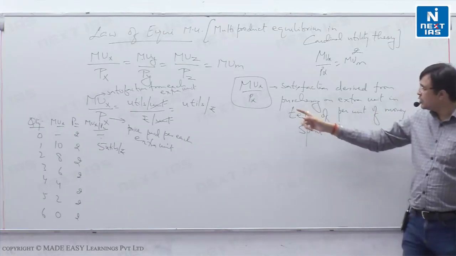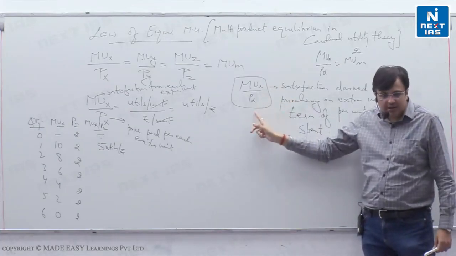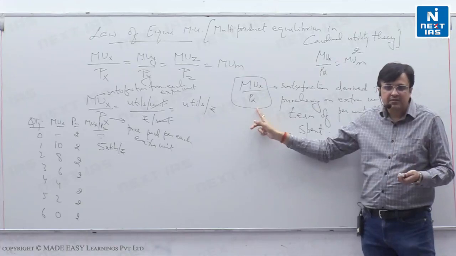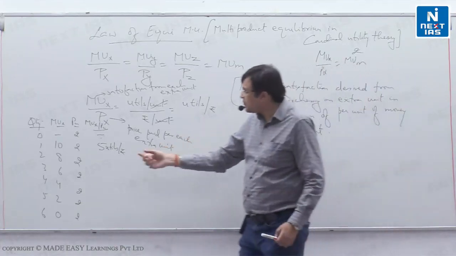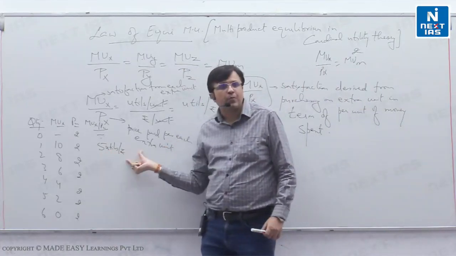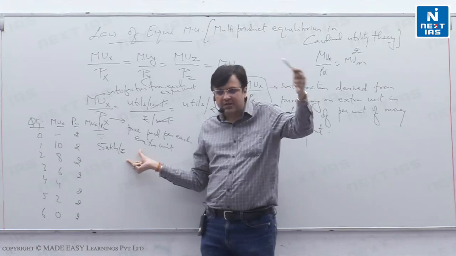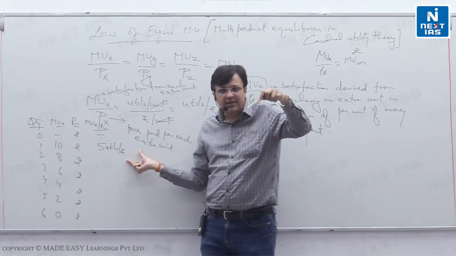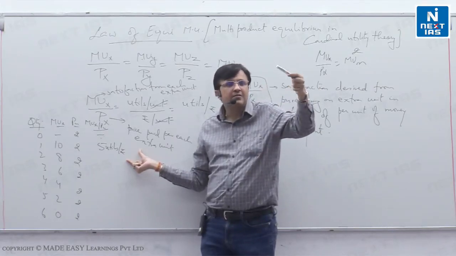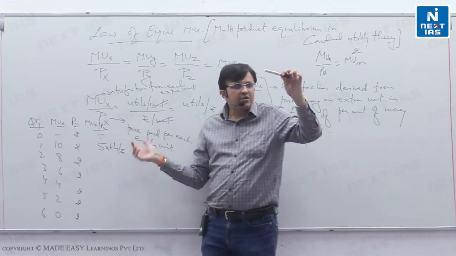And this tells you the satisfaction that you are getting for each rupee spent. So if you get 5 util satisfaction for each rupee spent, and if you give 2 rupees for that, which means you will be losing satisfaction much lesser. You understand that? You will be willing to buy that product. Do I reach you on this?